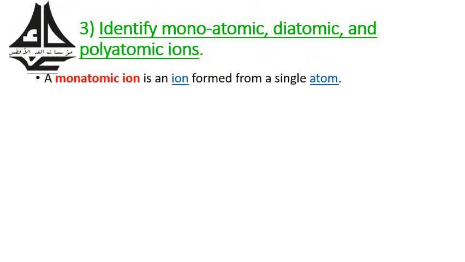Objective number 3, identify monoatomic, diatomic, and polyatomic ions. A monoatomic ion is an ion formed from a single atom only. Example, Ca2+, Na+, Cl-, N3-, S2-, Al3+.